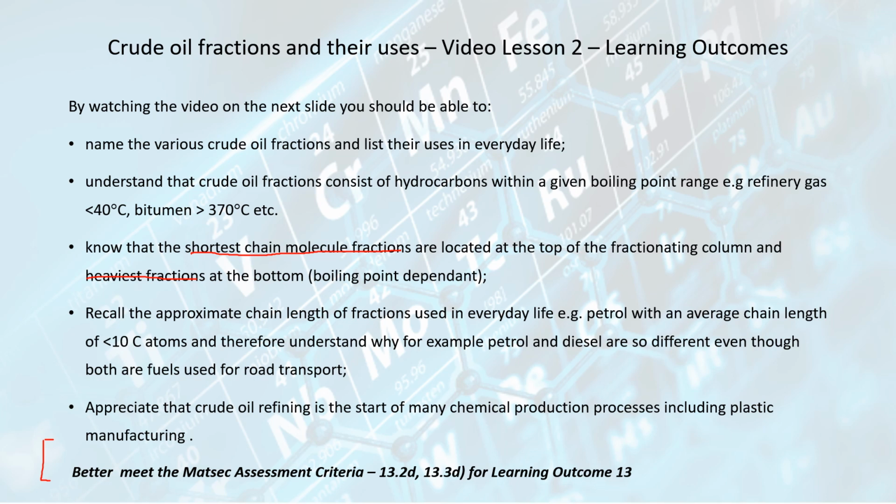If you had to look at the average chain length for diesel, it would be at least around 15 carbon atoms plus. So you would be able also to link that to your observations in everyday life.